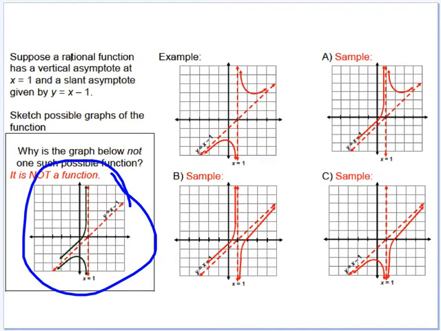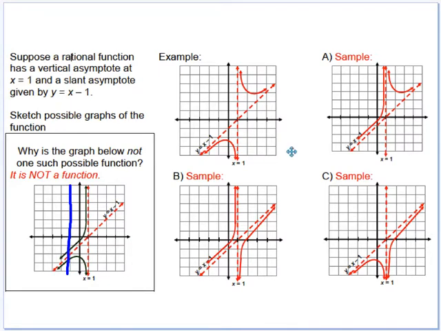The reason why is because if you draw a vertical line, let's pretend that's just a straight line. I'll make it straighter in 2 seconds. Hold on. Okay, so here's our straight line. If you draw a straight line and you intersect your graph in more than one spot, then it is not a function. It doesn't pass the vertical line test. Most of you should remember that test.